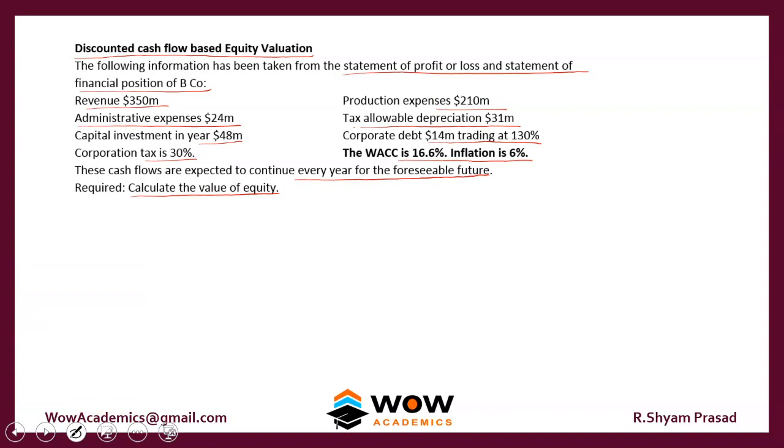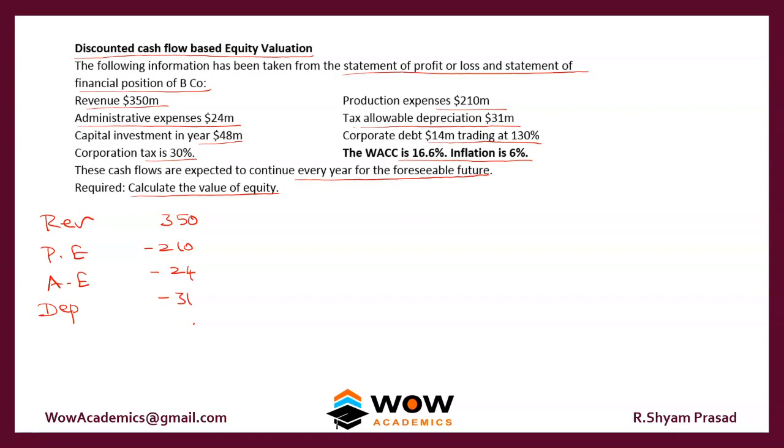So we'll go as per the format which we saw earlier. So we'll start from the revenue. So the revenue is 350. So production expense is 210. Administration expense is 24. We have depreciation of 31.